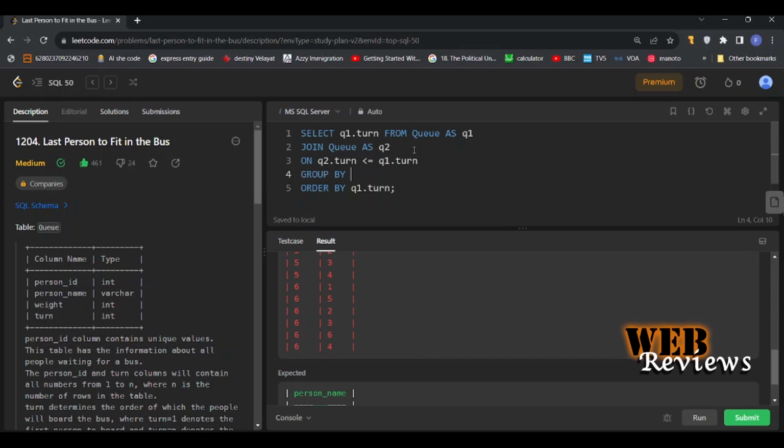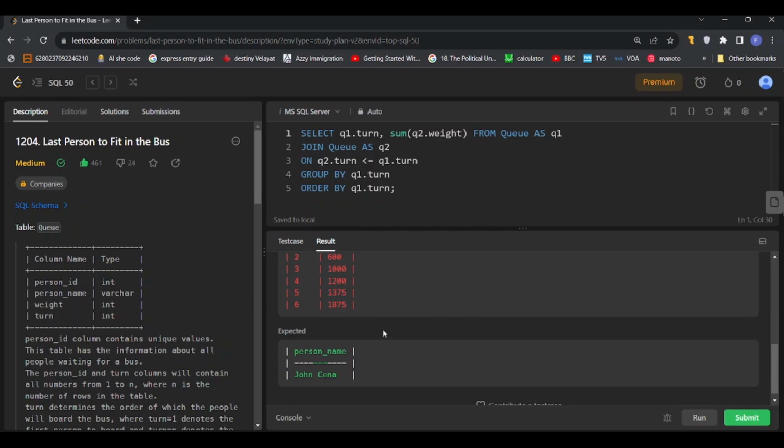Group by q1.turn, and here, to see what we are doing here, I'm going to have a total weight of all the people here. Of course, I don't need it for the answer, but just put it here to see what happened so far. We take the sum of all people from q2 dot weight, and let's see what we get.